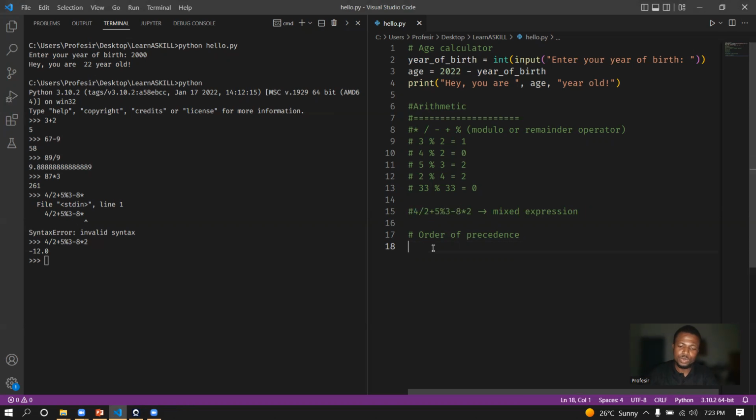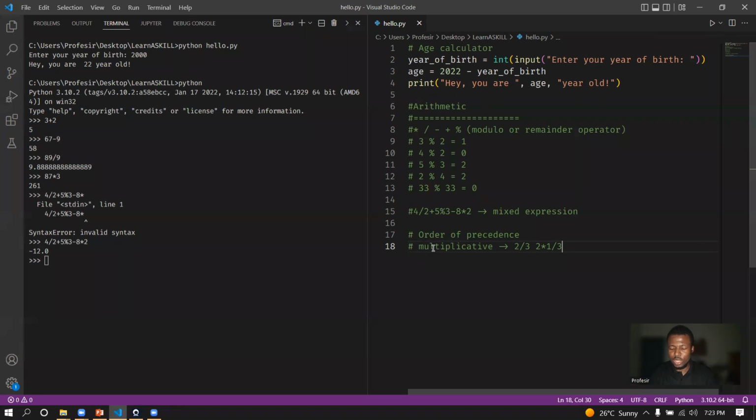Now, let's look at it. There are some of these operators that are called multiplicative operators. They are multiplicative in nature. Why do we say they are multiplicative? Technically, if you are doing division, it's another form of doing multiplication. For instance, instead of 2 divided by 3, I could write 2 times 1 divided by 3.